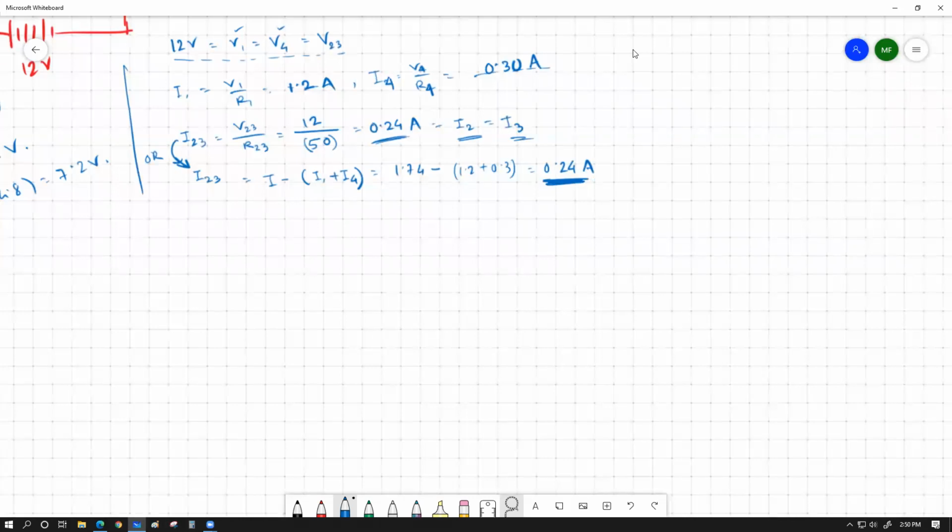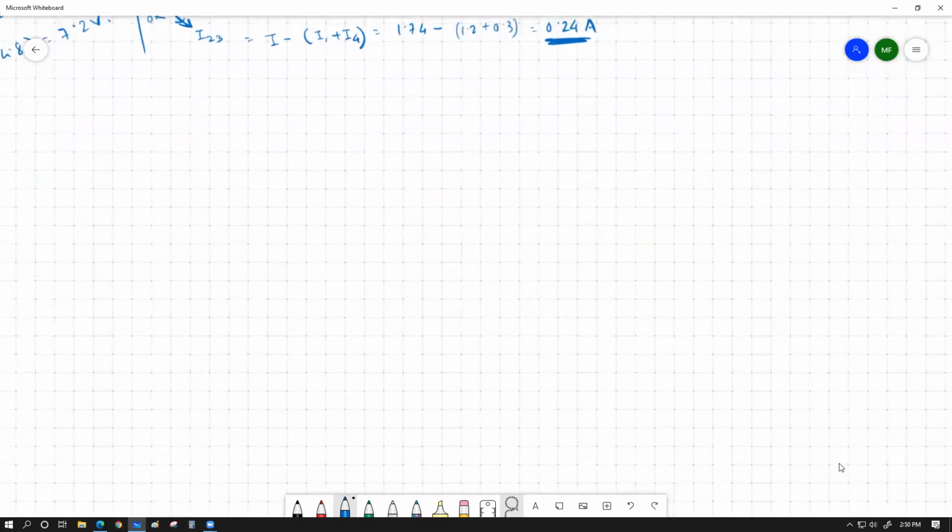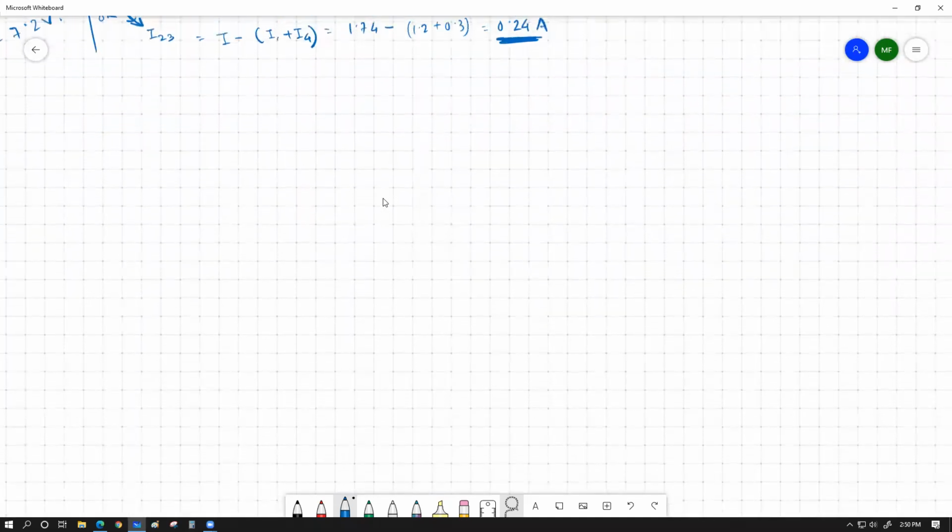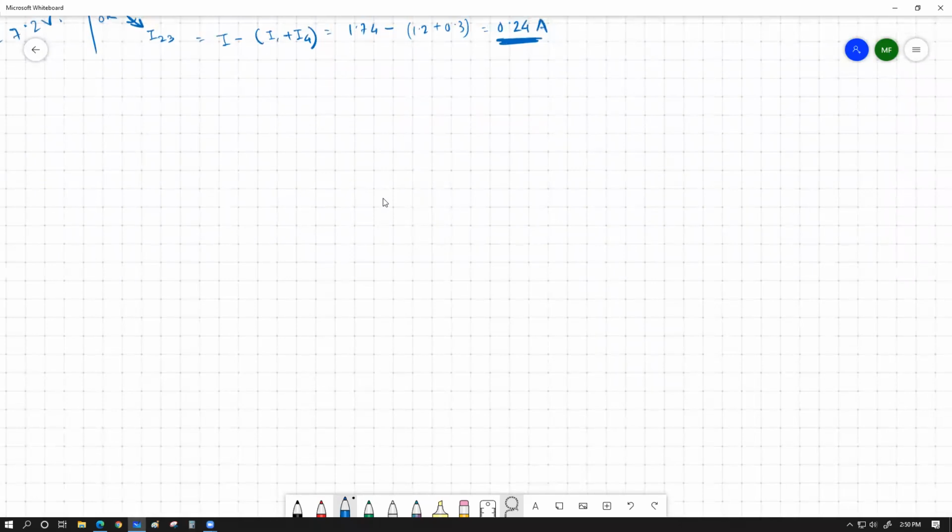Although we have 10 minutes of time, I'm going to try to get you started on another circuit which will eventually be homework. So this is our circuit number 3.